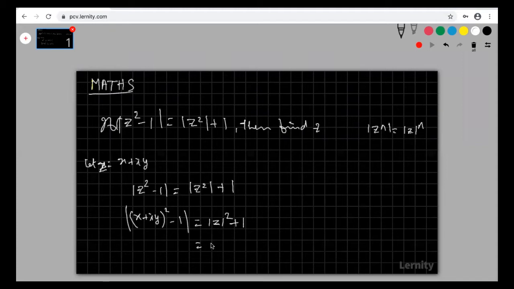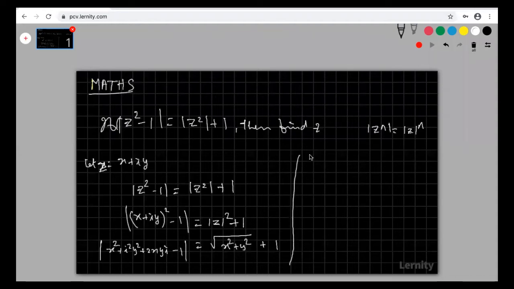So the right side modulus is root over x square plus y square, plus 1. Applying the a plus ib formula, the left hand side is x square plus i square y square plus 2xyi minus 1.